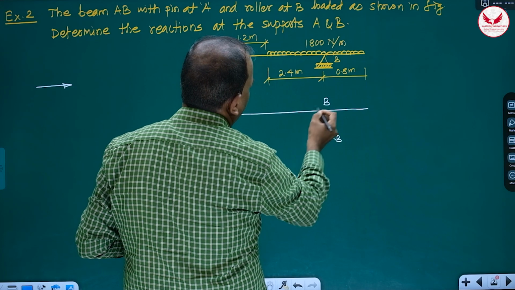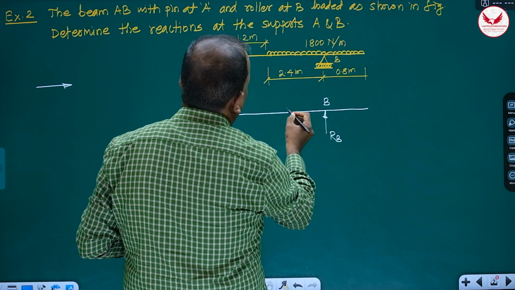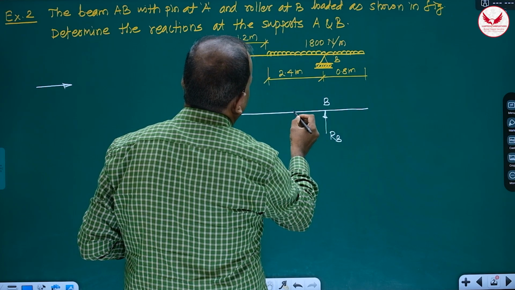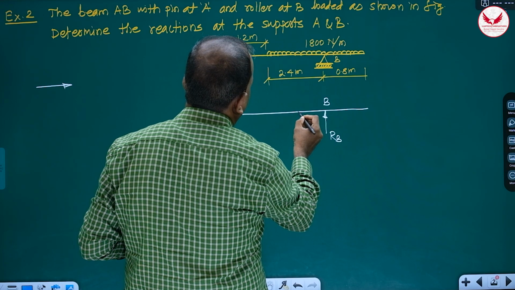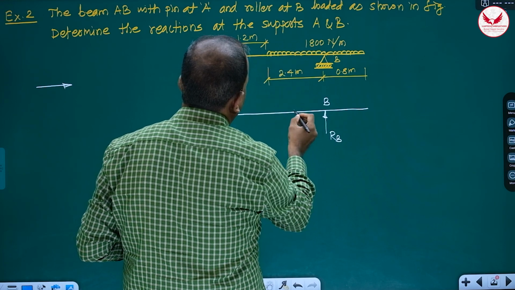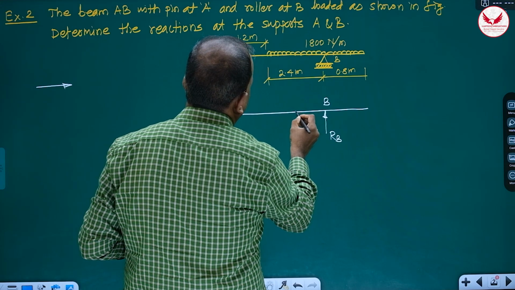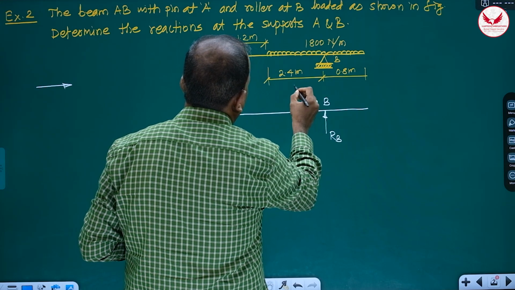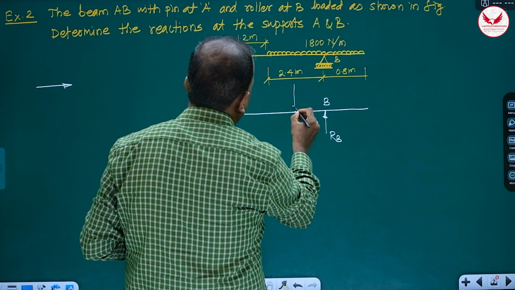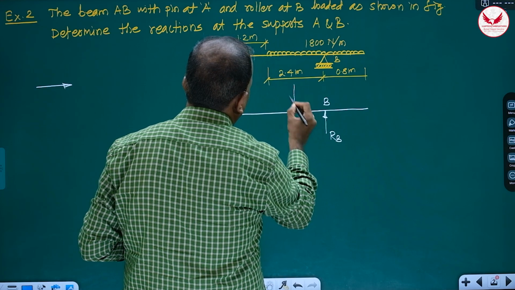The center will be, if it is 0.8, again on this side at a distance of 0.8, means the remaining will be 1.6. So it will be somewhere over here. So this is going to be a point load.